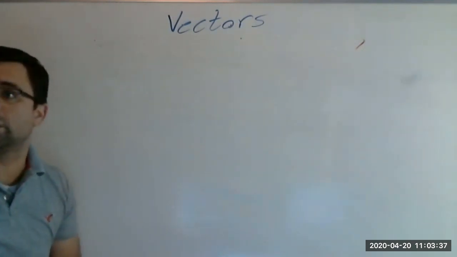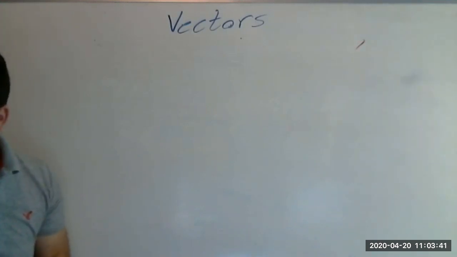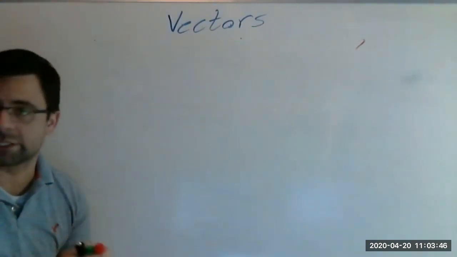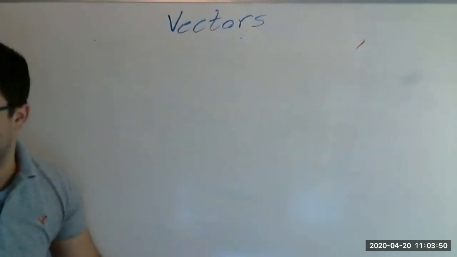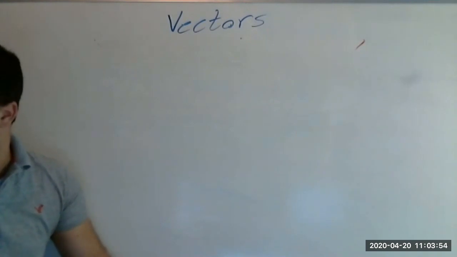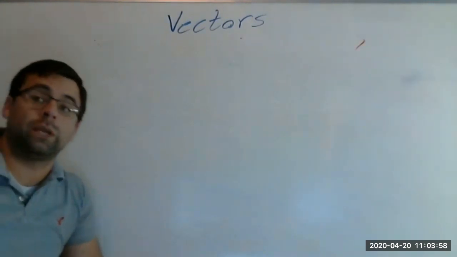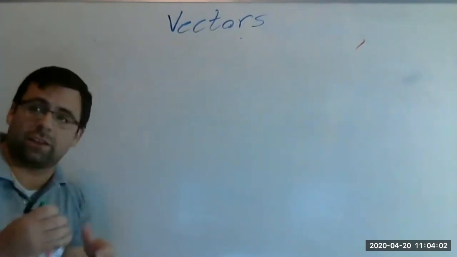All right, so I guess we will go ahead and jump in. We've been talking about vectors. We talked about what they are, what they require, and we started talking about what we can do with them, how to add and subtract them.